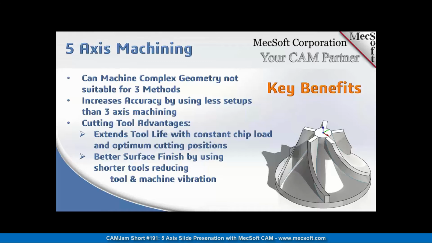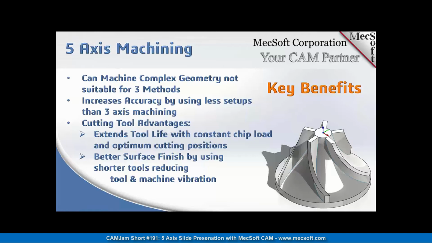Also, using a 5-axis machine, you can increase your accuracy of your machining only because there's less setups. You don't have to move the part around.